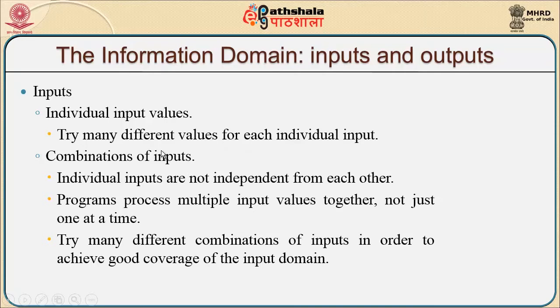Not only that, we go for multiple combinations where individual inputs are not independent from each other. So, they are dependent. Programs process multiple input values together, not just one at a time, and we may have to try as many different combinations of input in order to achieve good coverage of input conditions.